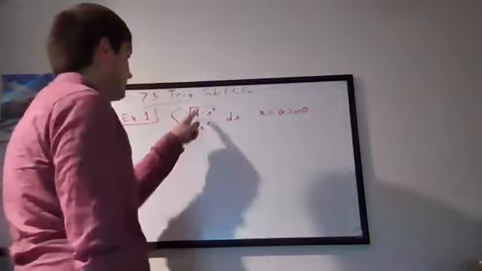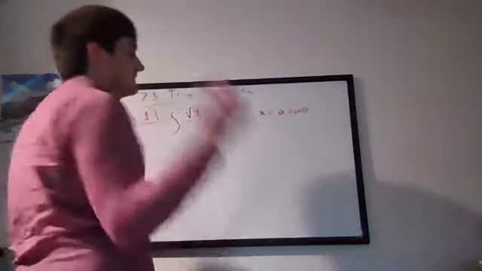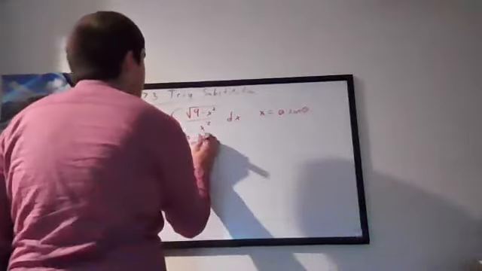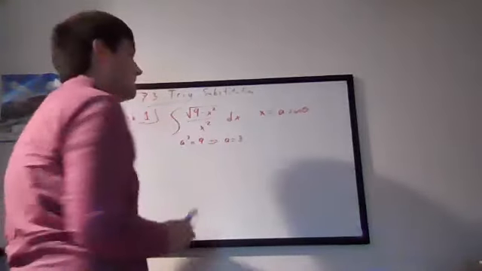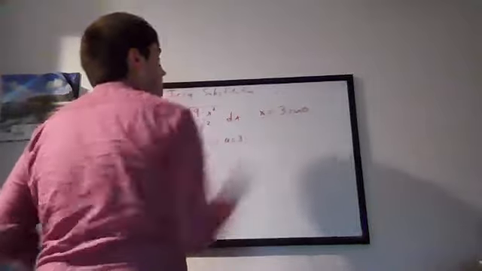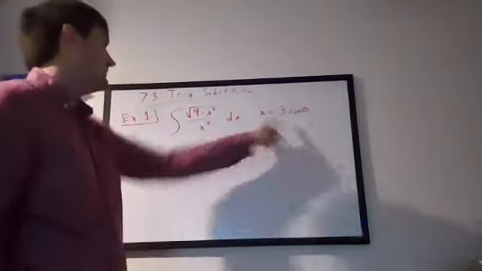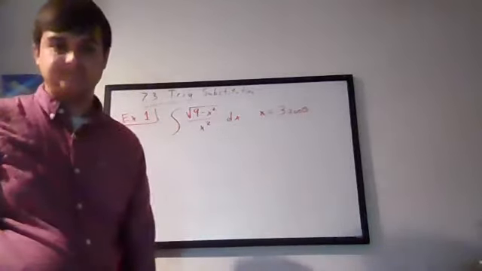And in this case, our number is 9, which is our a squared. So if a squared is 9, then a is going to be 3. So I'm going to choose x to be 3 sine theta in this case. Again, that'll allow me to bring out this 9 to give me the 1 minus sine squared that I need.